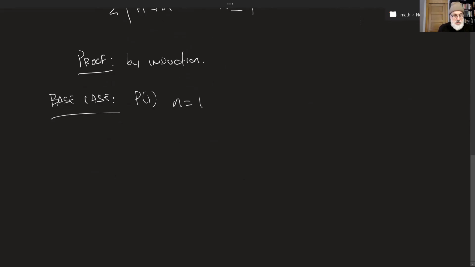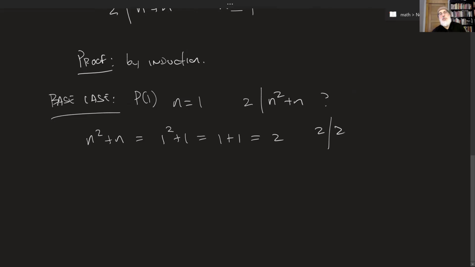So we want to see, does 2 divide n squared plus n when n is 1? Well, 1 squared plus 1 is 1 plus 1, which is 2. And 2 divides 2, obviously, because we can write 2 as an integer multiple of 2: 2 times 1 is 2. So the base case holds.